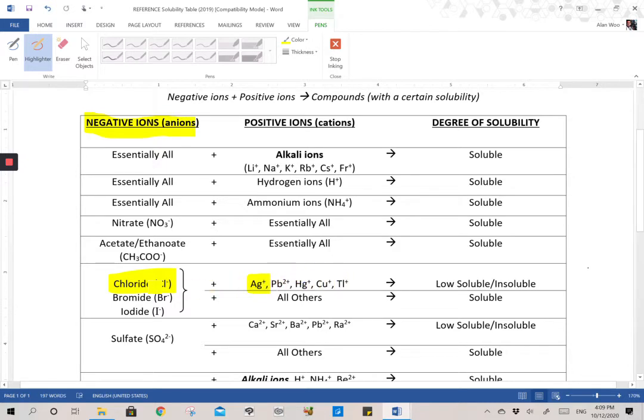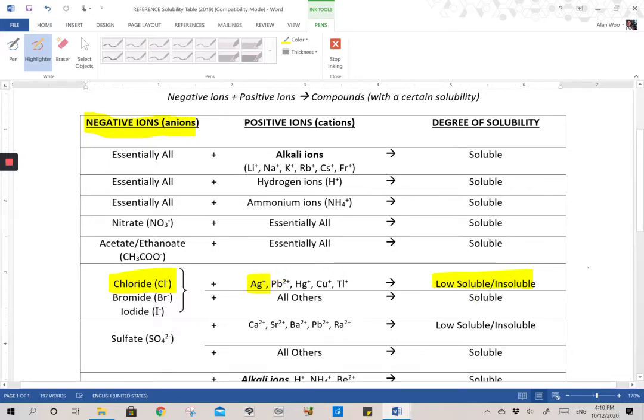Okay, so that means chlorine and silver will be low soluble or insoluble when they're paired together, meaning they're going to form a precipitate. Okay, so chlorine along with silver, or any of the other 4 that are listed here, will all form precipitates. If you have another substance that's not any of the 5 that's listed up here, they're going to be soluble.